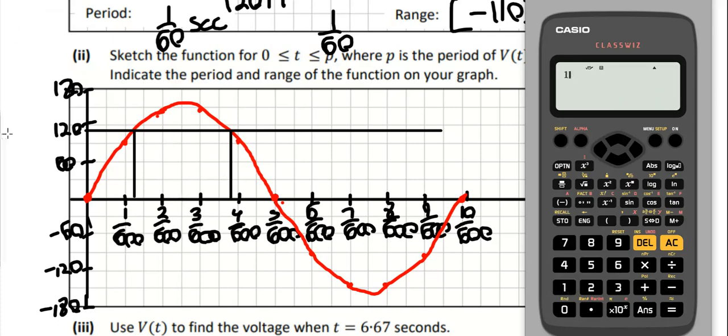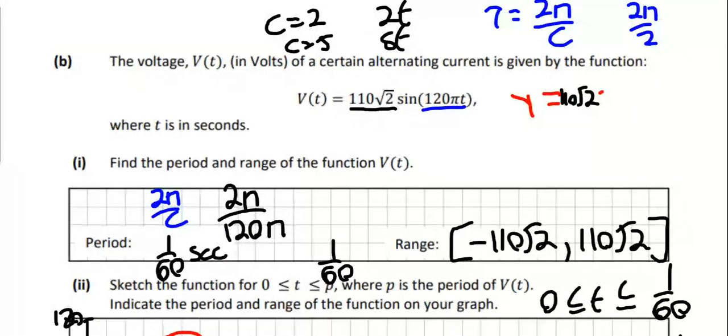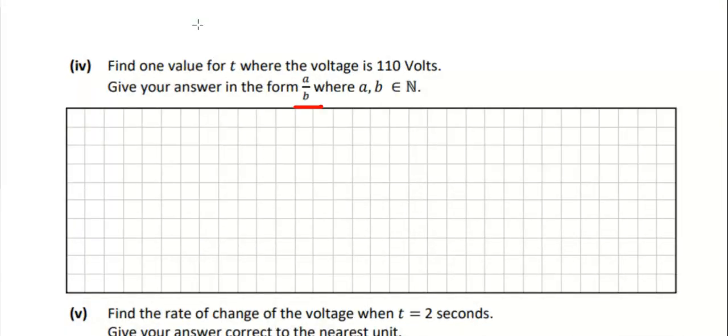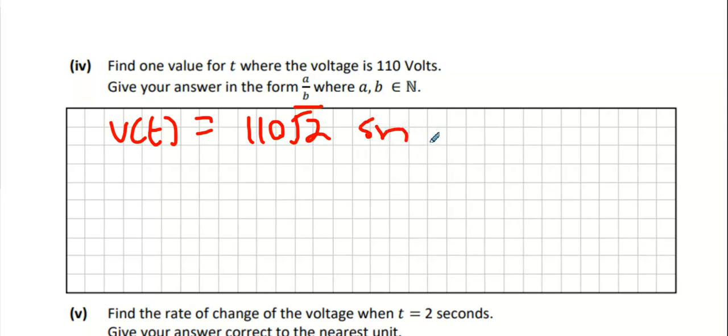Now, here's how we're going to do it. We're going to use our formula phi t, which is 110 root 2 sine 120 pi t. And our answer is 110 because it says it's 110 volts. What we're going to do is divide both sides by 110.